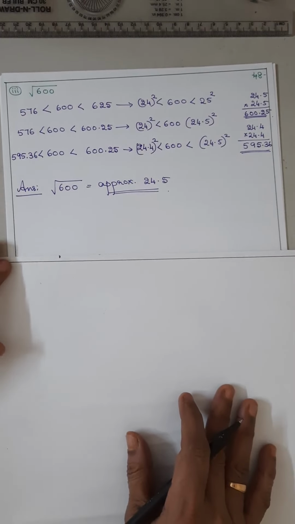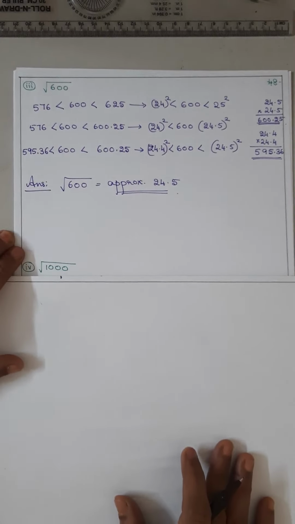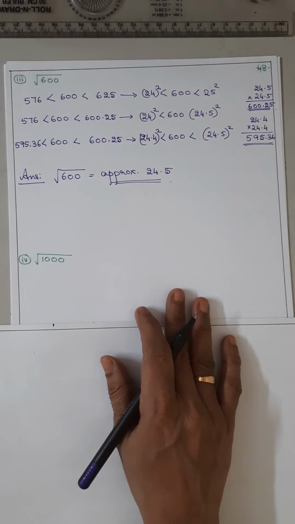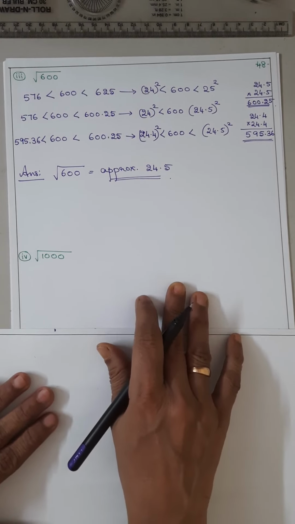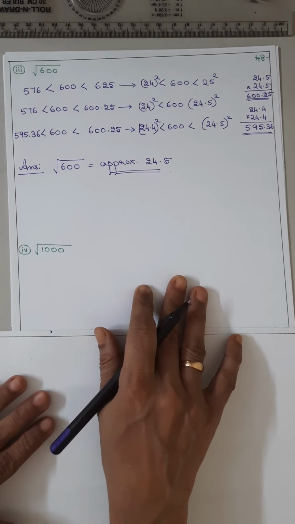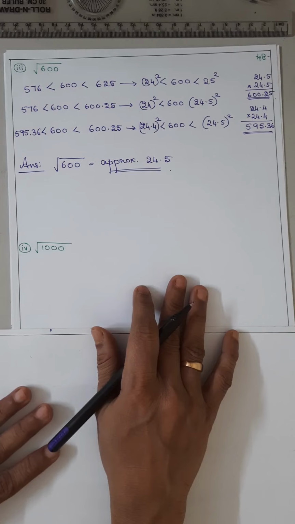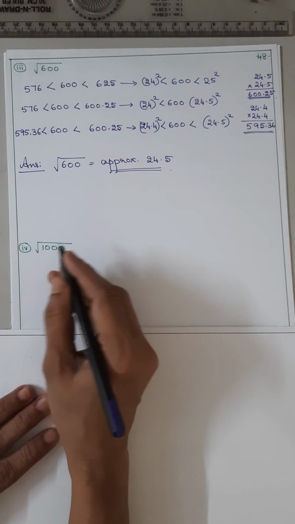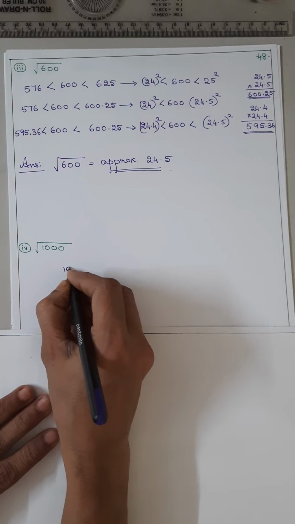Is it okay? Now coming to the last sum of this estimation method, which is 1000. तो आपको मालूम है 30 square is 900, isn't it? 30 square is 900. So 900 से थोड़ा बड़ा है तो चेक करो आप लोग.